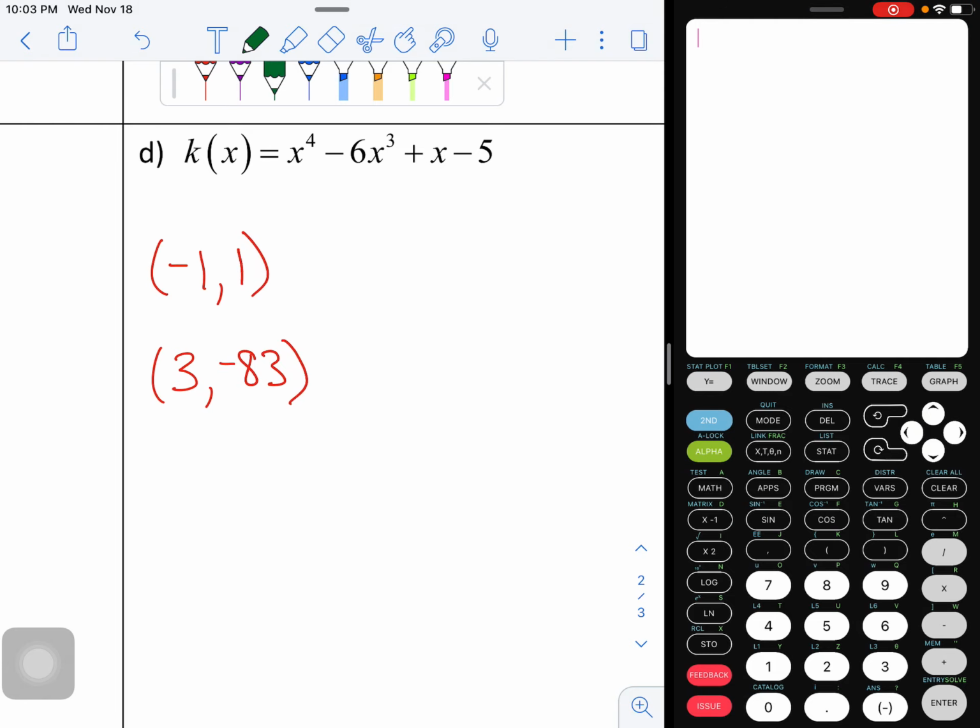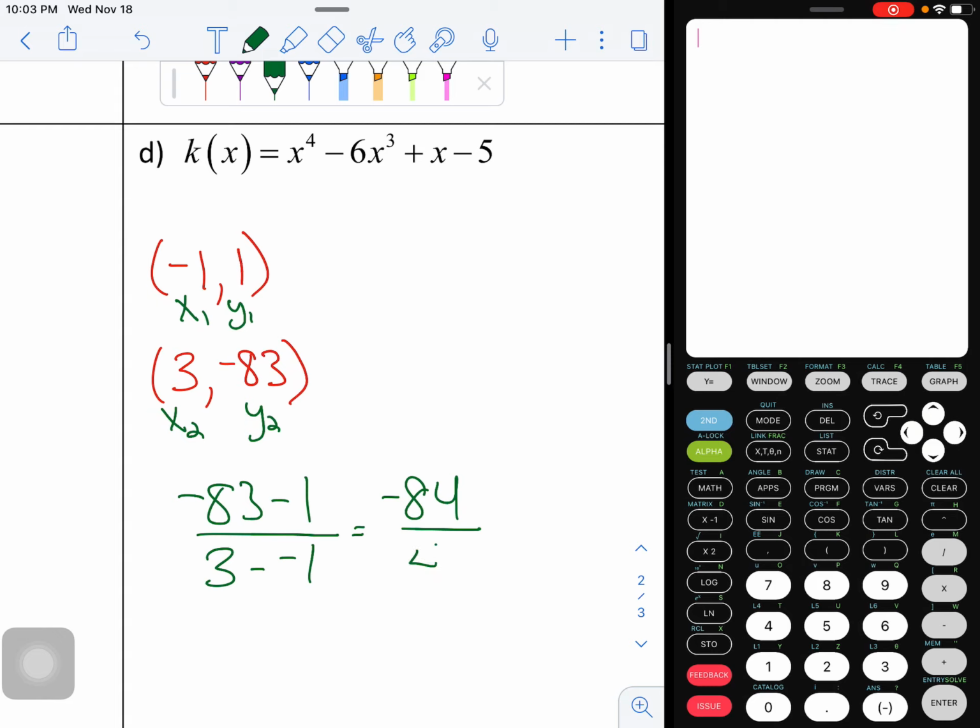All right. Now I'm going to go ahead and leave Calculate 84 up, and I'll just keep using it. So let's see, we've got x1, y1, x2, y2. So -83 minus 1 over 3 minus -1. So -84 over 4.